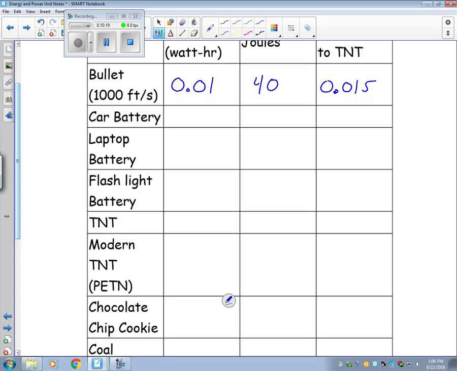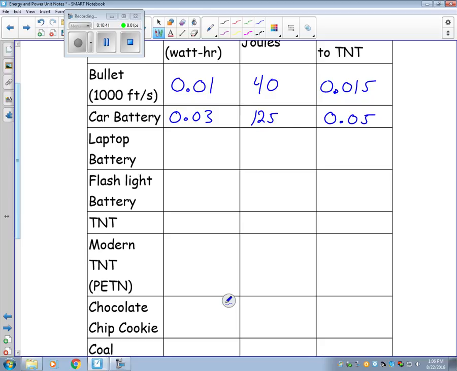This is kind of difficult to think about, but if I could have just 1 gram of a car battery, it would have 0.03 calories. So it's about 125 joules. And compared to dynamite, 0.05. So again, not even close to what dynamite is.